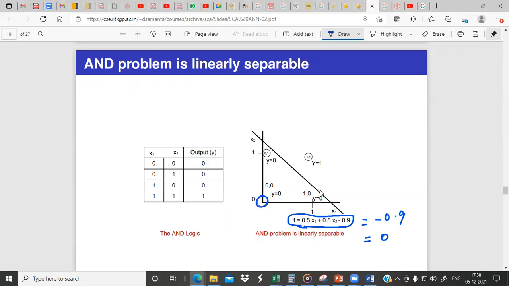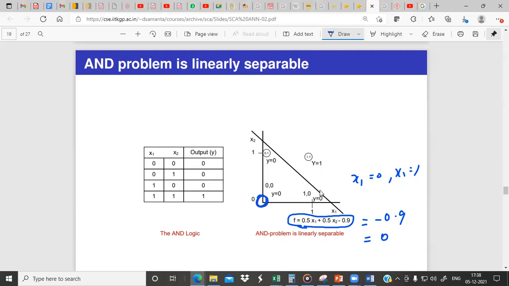Next, the second case is when x1 is 0 and x2 is 1. It is 0 into x1, 0, plus 1 into 0.5, 0.5, minus 0.9, that is minus 0.4. Again it is less than 0, right? So here also our score is here only.